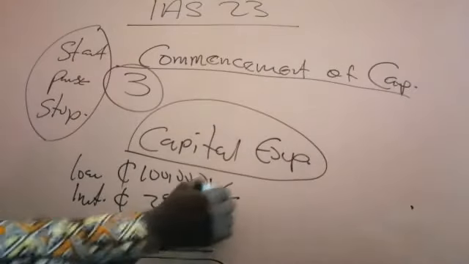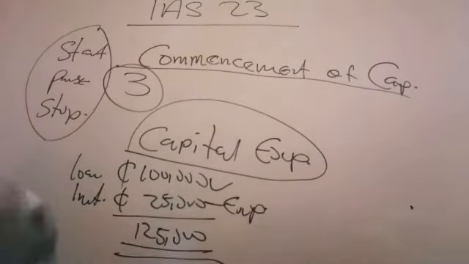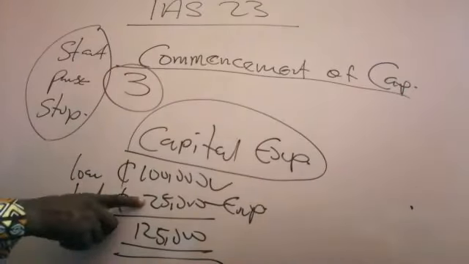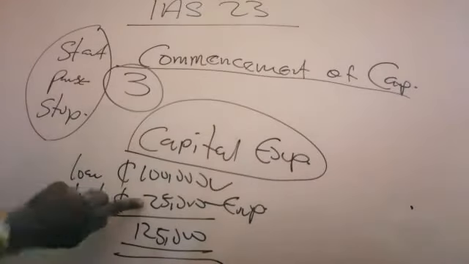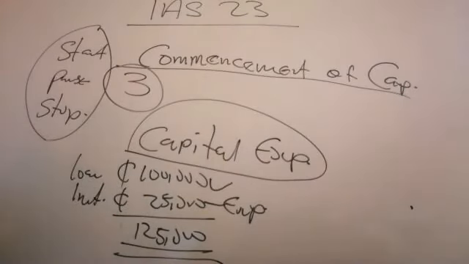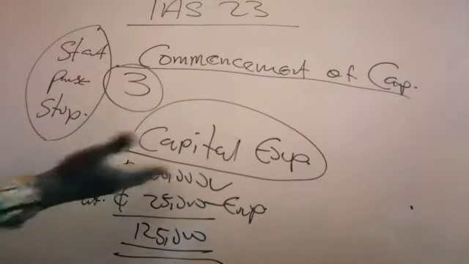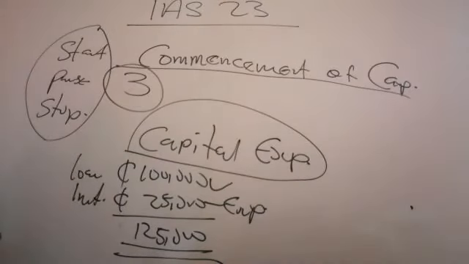Traditionally, the cost of the asset will still remain at 100,000, and I have to expense the interest. But because we are going by IAS 23, that's the borrowing cost, we have to capitalize these 25,000, meaning add it to the cost of the asset. Because I use 100,000 to build office premises, and then I incur borrowing cost of 25,000, it must be added. So that's what we mean by capitalize the borrowing cost.